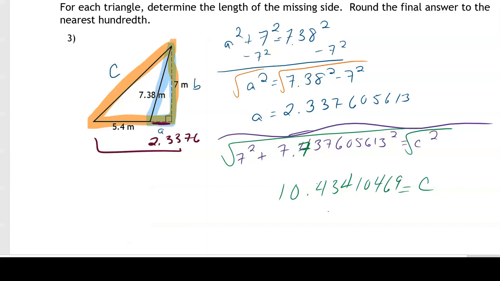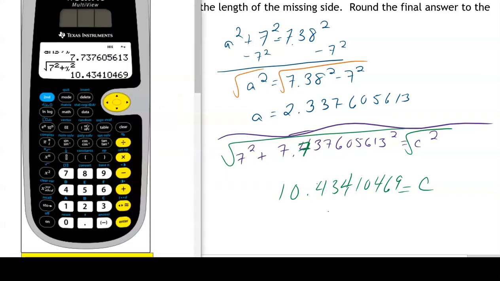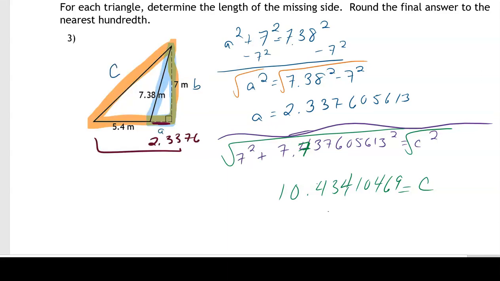I think I have all those right. Yep. Okay. So then it asks us to round to the nearest hundredth, and notice it says final answer. We never round until we have our final answer. So then my C value would be 10 and 43 hundredths meters.